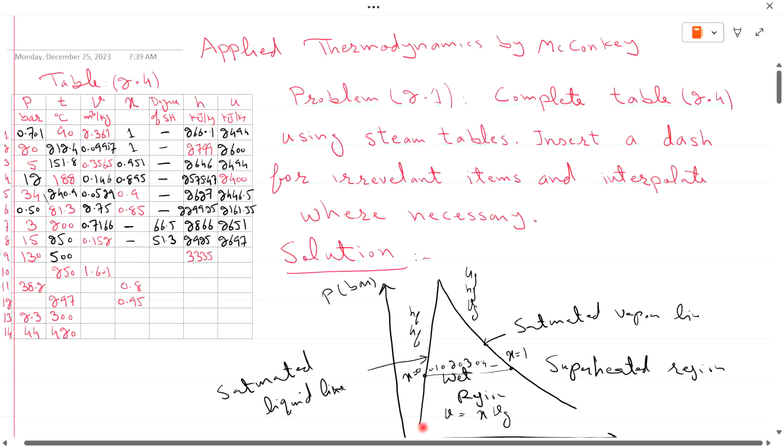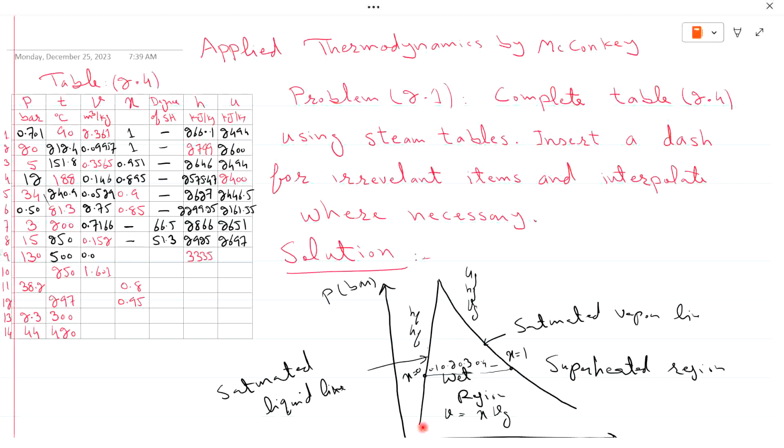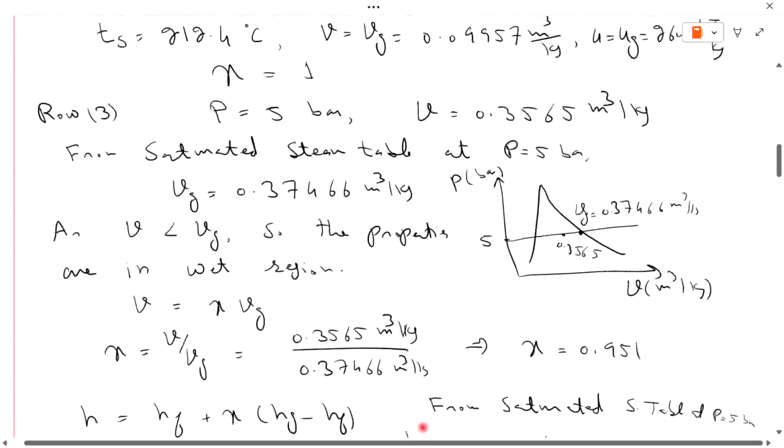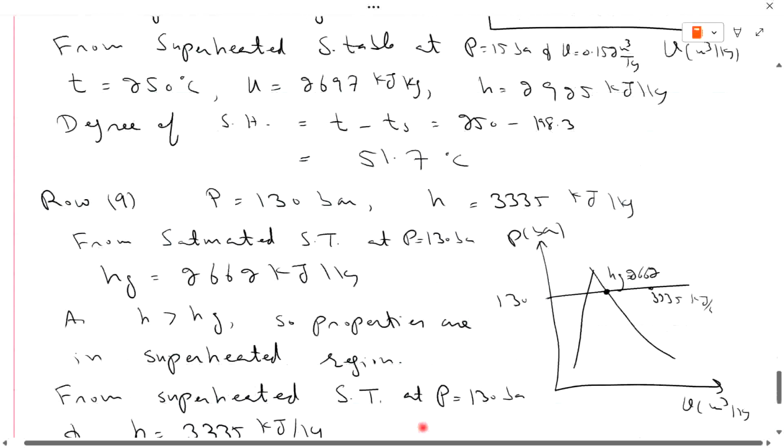Specific volume is 0.02447. Dryness fraction is not defined in the superheated region. Degree of superheat is 169.2, and specific internal energy is 3016.89. Now go to row number 10.